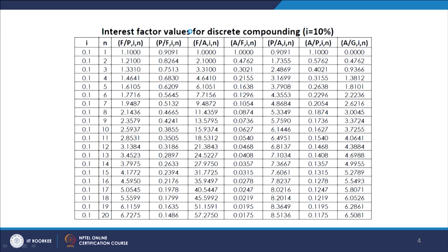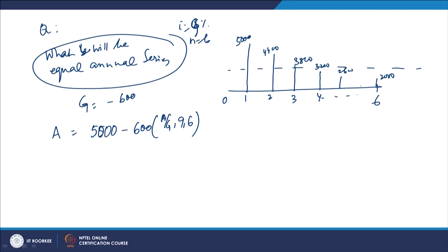If you look at 10% for 6 it is 2.2236, and for 8% it is 2.3304, but if you calculate for 9% it will be 2.2498.